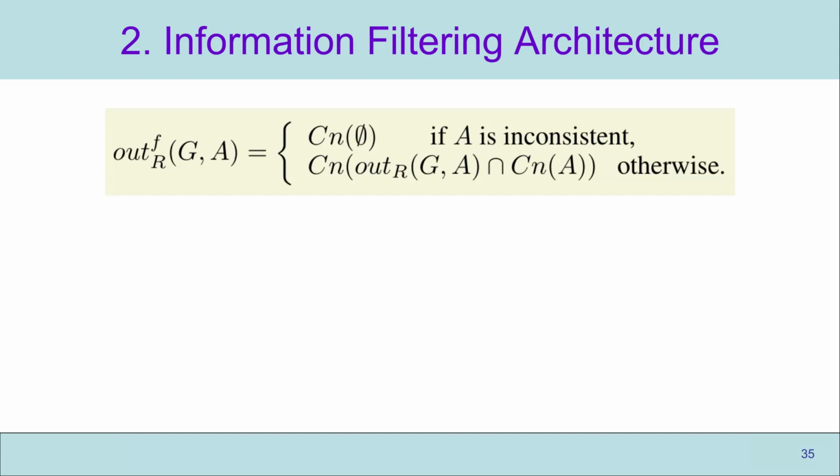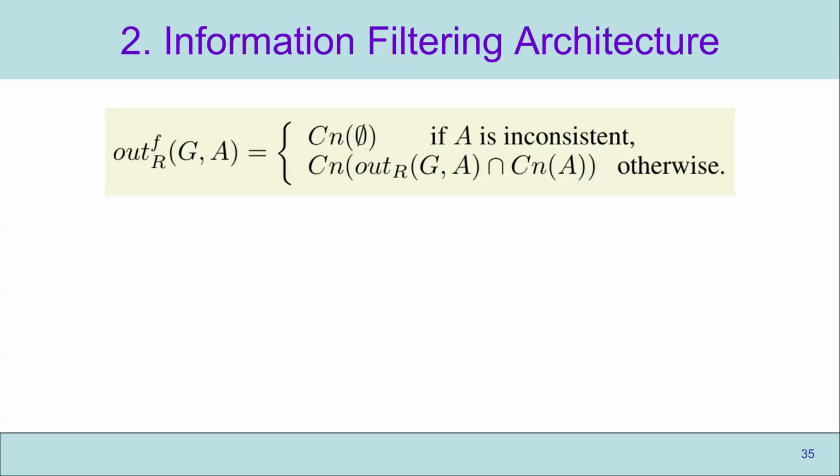Okay, so now we have this semantics. It's still the same spirit of input-output logic. We have closure of the input, we have closure of the output. But now we have this extra thing built in, this intersection component. What's important is that we don't have closure of the trust component, right?